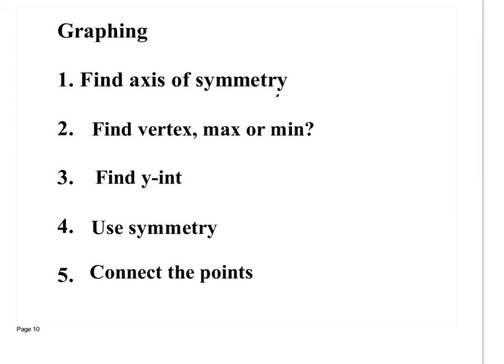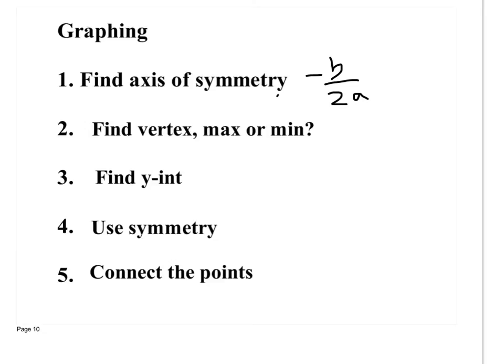These are the steps to graph a quadratic function. Number 1 is you find the axis of symmetry using negative b over 2a. Once you've found that, you can use it to find the vertex by plugging the x-coordinate into the quadratic function to find y, which tells you if it has a maximum or a minimum.